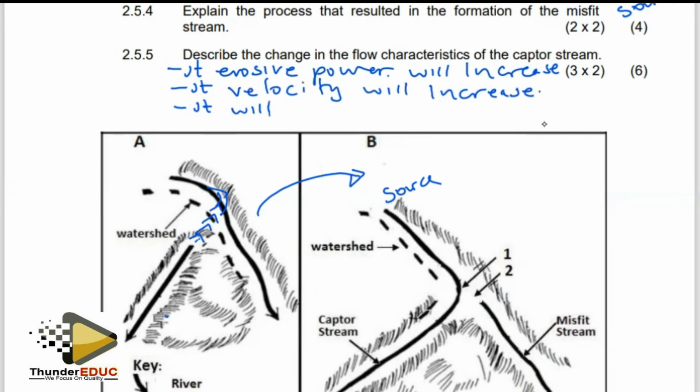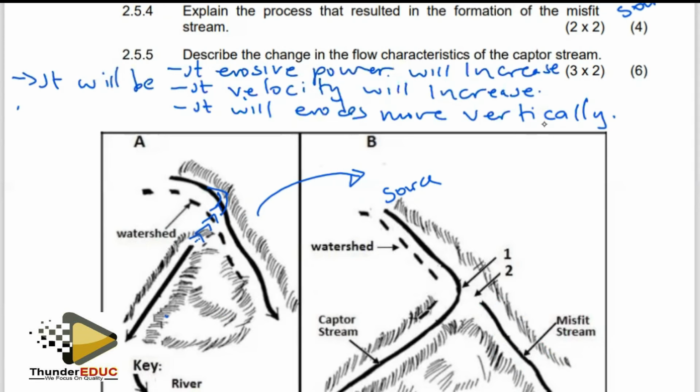It will erode vertically, be rejuvenated, to gain more volume of water, etc. All right.